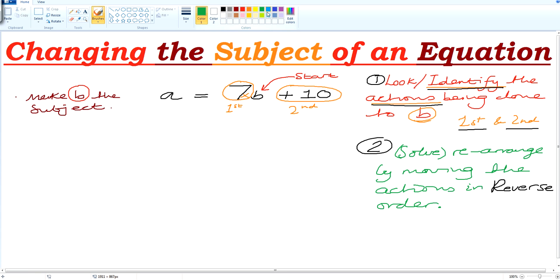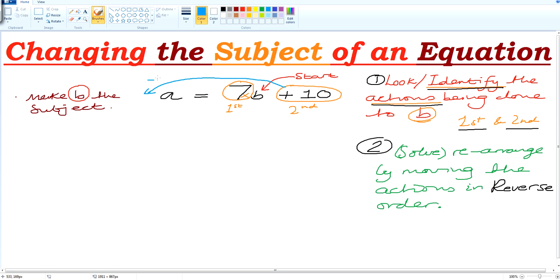So for example, we had first action was times by 7 and the second action was plus 10. So when I'm going to move them, which one shall I move first? Shall I move the first action first or shall I move the second action first? Second action. Well done. We always move the last action first. So I'm going to grab the plus 10 and grab it by the scruff of its neck and throw it over here.